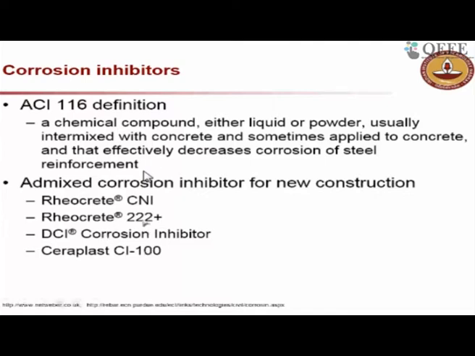Okay, some of the chemical brand names are given here, but mainly they are calcium nitrite, or sometimes amines. Different chemicals are available, and they are supposed to modify the passive film available on the steel surface so that the chloride threshold is increased. What is chloride threshold? It is the minimum amount of chloride which is required to initiate corrosion.